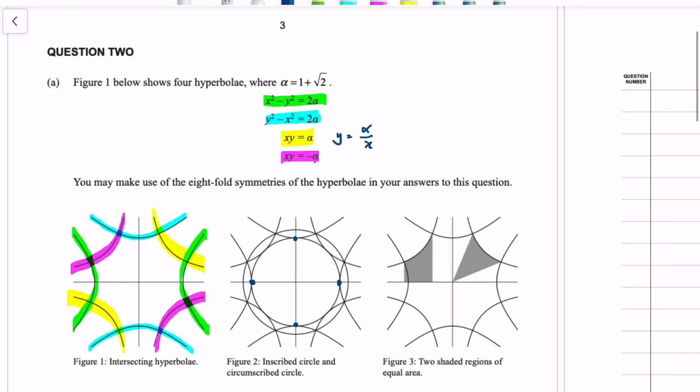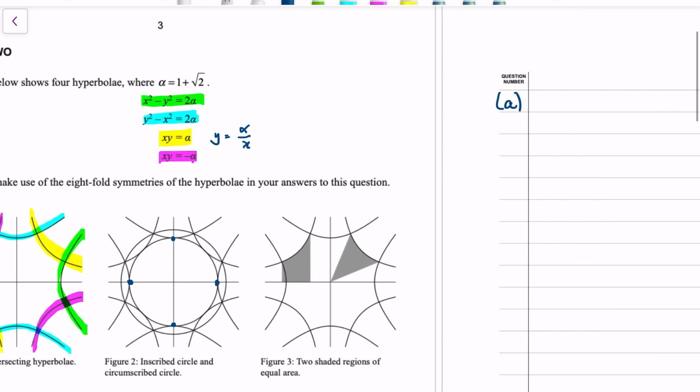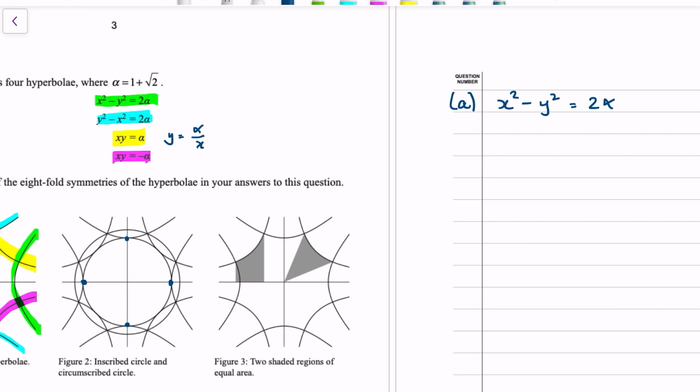So take the hyperbola that's opening up left and right. I'm just going to leave this in terms of alpha, and we want to find the x-intercepts of this by making y equal to 0. x squared is equal to 2 alpha, so x is plus or minus the square root of 2 alpha.